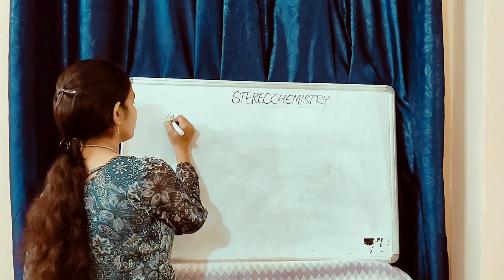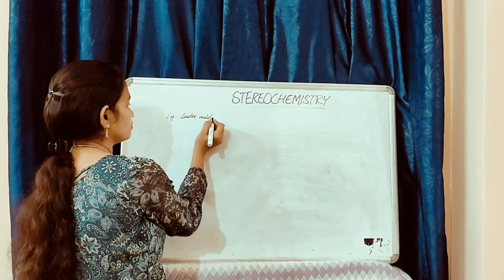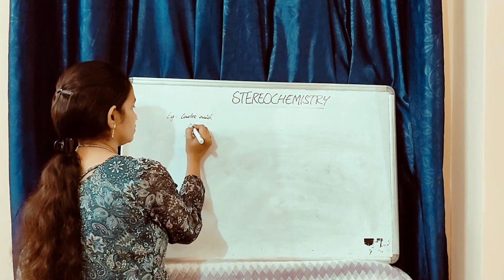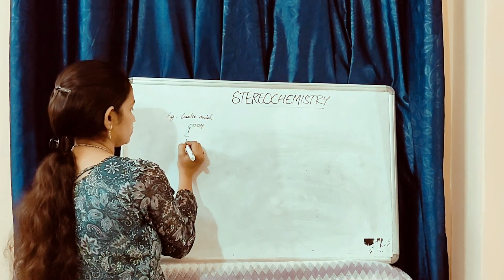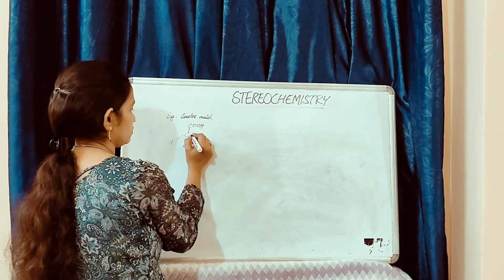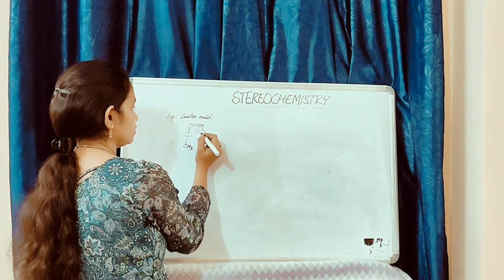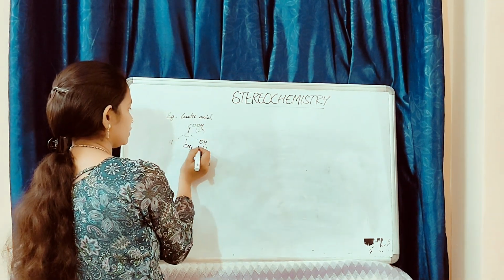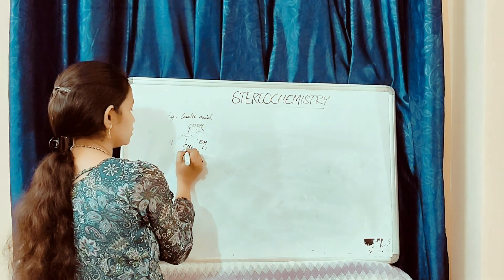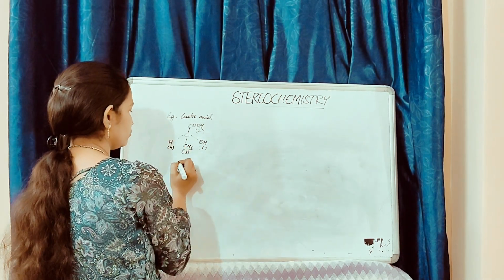Take example of lactic acid. So first OH is given first, second carboxyl, third methyl, and finally hydrogen 4.